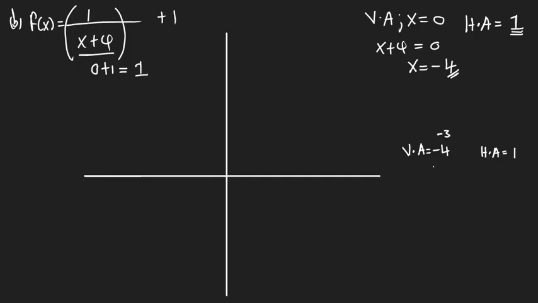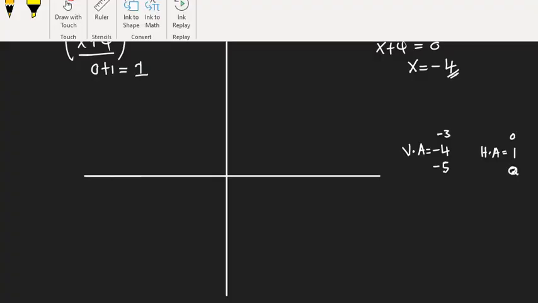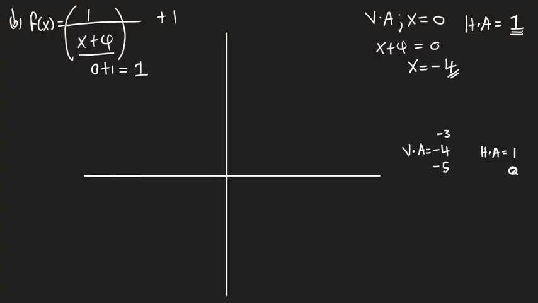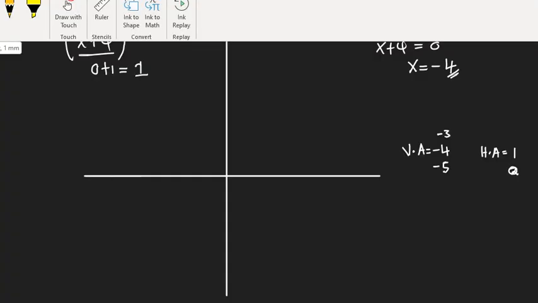What number is that? -5. Then I'm going to get a number above 1 and a number below 1. A number below 1 is 0. A number above 1 is 2.